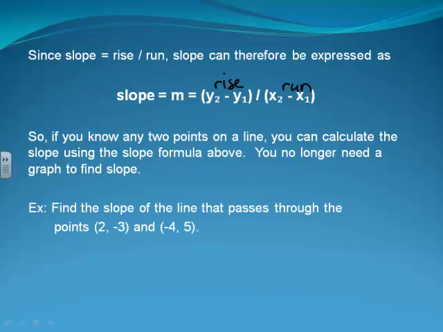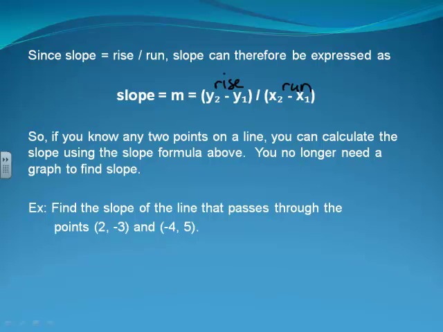So for example, let's say I asked you to find the slope of the line that passes through the points (2, -3) and (-4, 5). Now, could you plot those points and draw a line through them and then count the slope as we were doing in the previous examples?